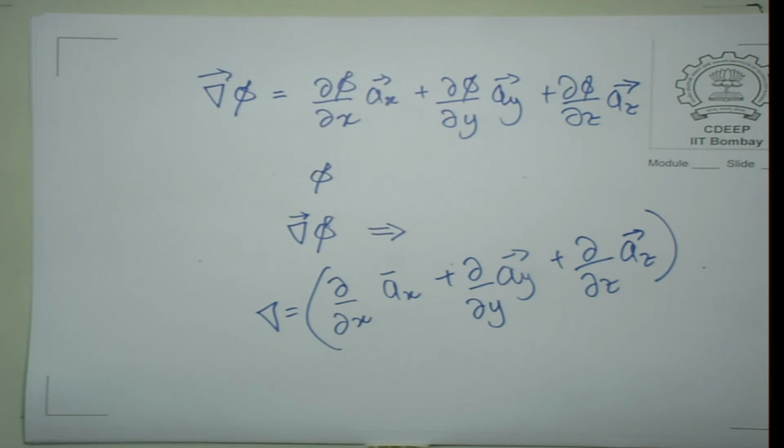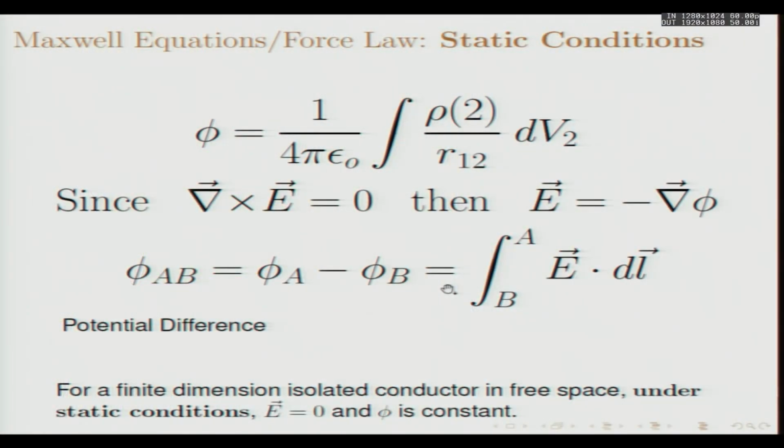Now, some more interesting aspects come from all this. If we evaluate the line integral of E dot dl from point B to A, you will find that the answer comes out to be the difference of the potentials evaluated at A and B, and it will not depend on the path which you follow when you evaluate this integral.